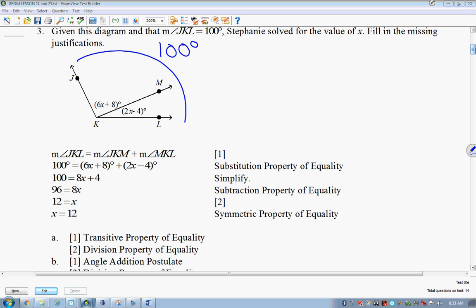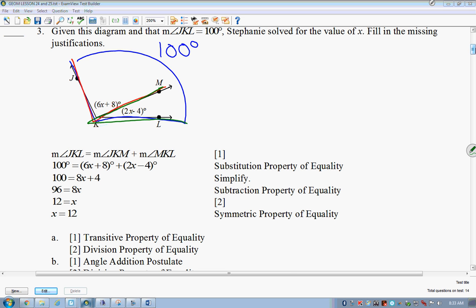We covered this. Measure angle JKL is made up of JKM plus MKL. Can anybody tell me what that is? You think A? You think it's the transitive property? So if A equals B and B equals C, then A equals C?